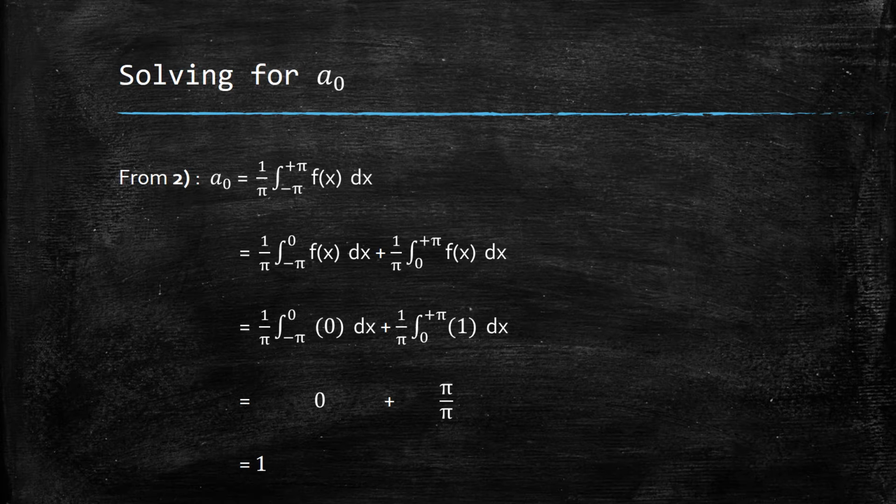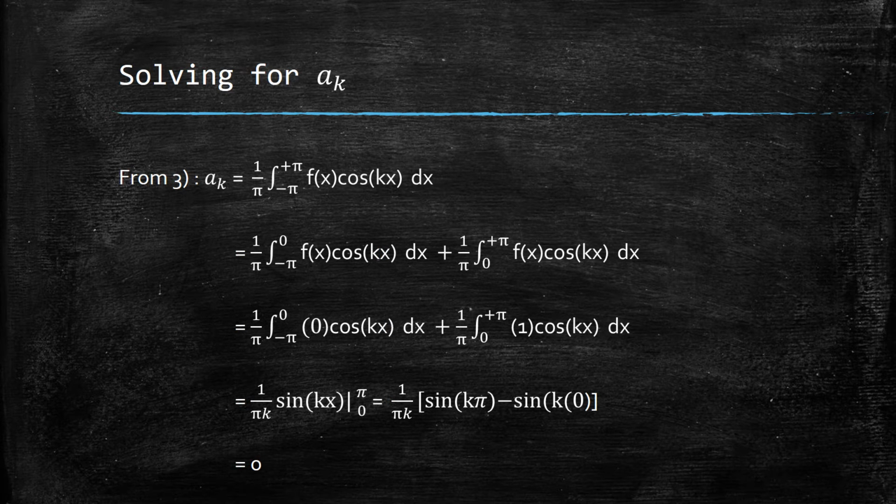Since the function being approximated isn't constant on the interval being integrated over, we must split the integrand in two, from negative pi to 0 and from 0 to pi. The values of f of x can then be subbed into the series approximation formula. The value is 0 from negative pi to 0 and 1 from 0 to pi. Solving the integrals leaves a0 equal to pi over pi, or equal to 1.